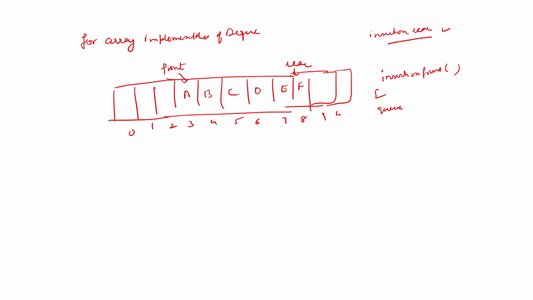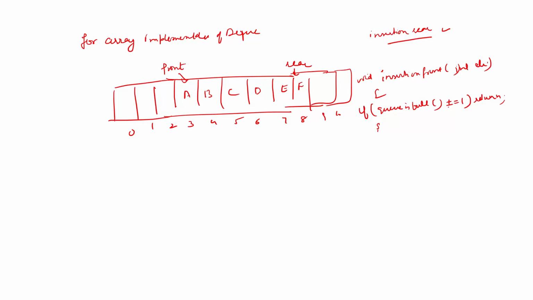If the queue-full function is returning true, that is, it is equal to 1, then you can't do insertion, so return as such from the function call. Otherwise, you do the insertion.